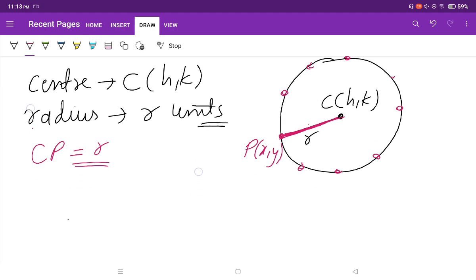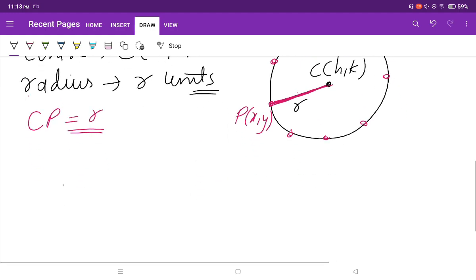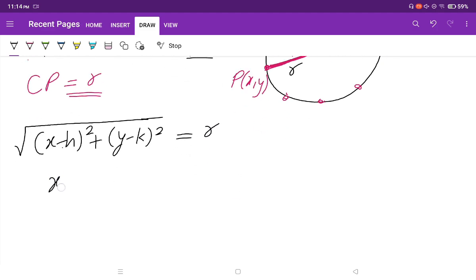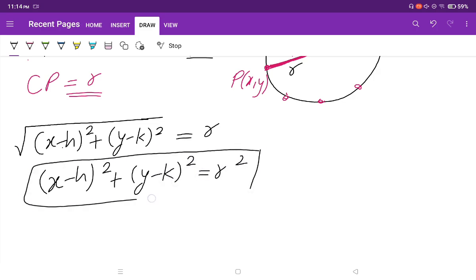Now using the distance formula, we can say the square root of (x minus h) square plus (y minus k) square equals r, right? Squaring both sides, we get (x minus h) whole square plus (y minus k) whole square equals r square, right? Which is the equation of a circle.